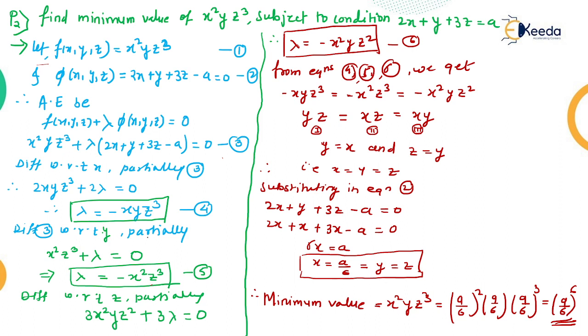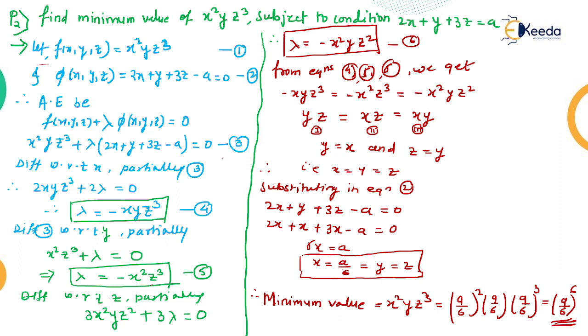After differentiating partially with respect to y, we get lambda is equal to minus x square z cube. And after differentiating with respect to z, we get lambda equal to minus x square y z square. And from these equations we get the value of x in terms of y and z.